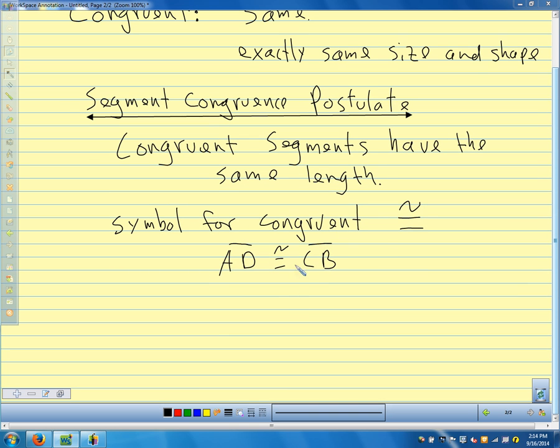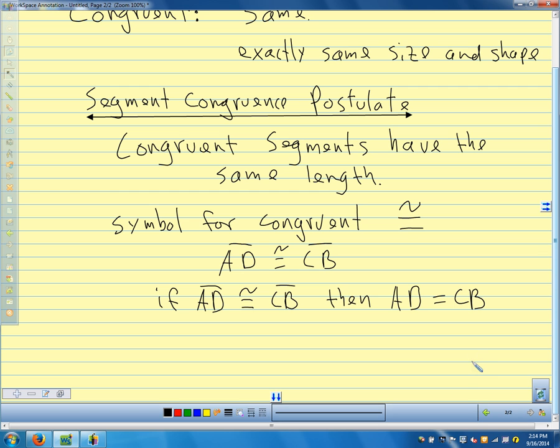So that's how we write things that are congruent. And what the segment congruence postulate says is if segment AD is congruent to segment CB, then the length of AD equals the length of CB.